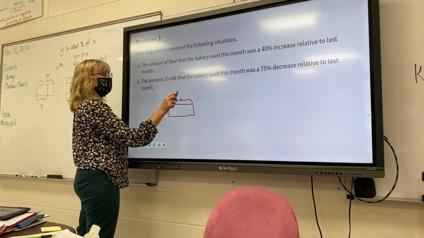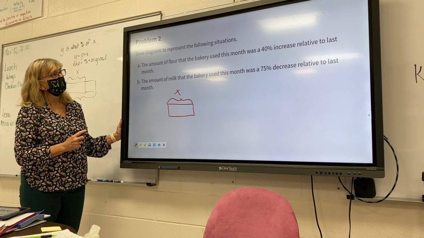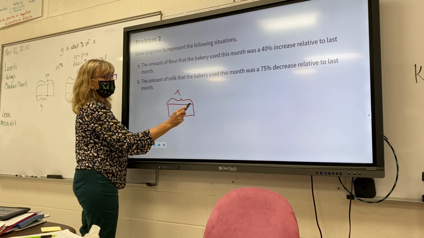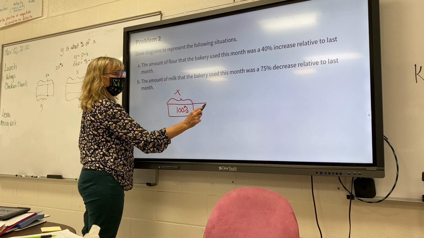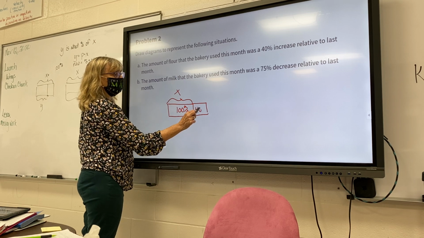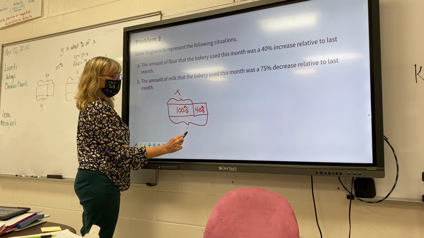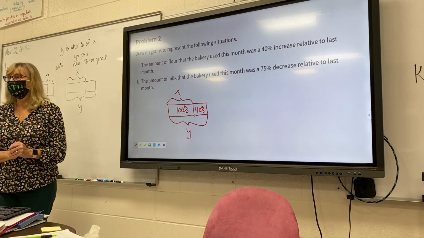I'm adding on to X. X is always what percent? 100%. It's always our original. So this is 100%, and I'm adding on a piece that is 40%. And this is going to be our new, which is Y. Okay, that's what the tape diagram would look like.